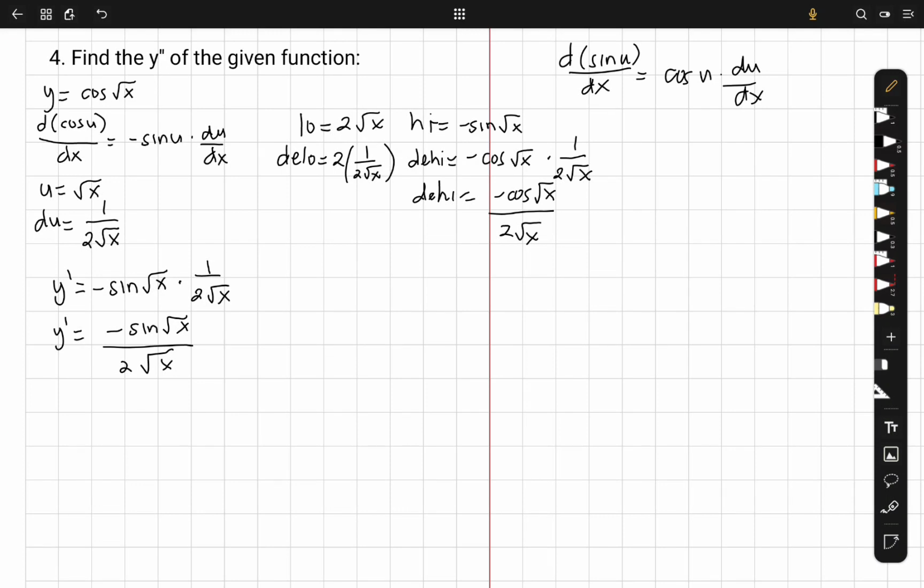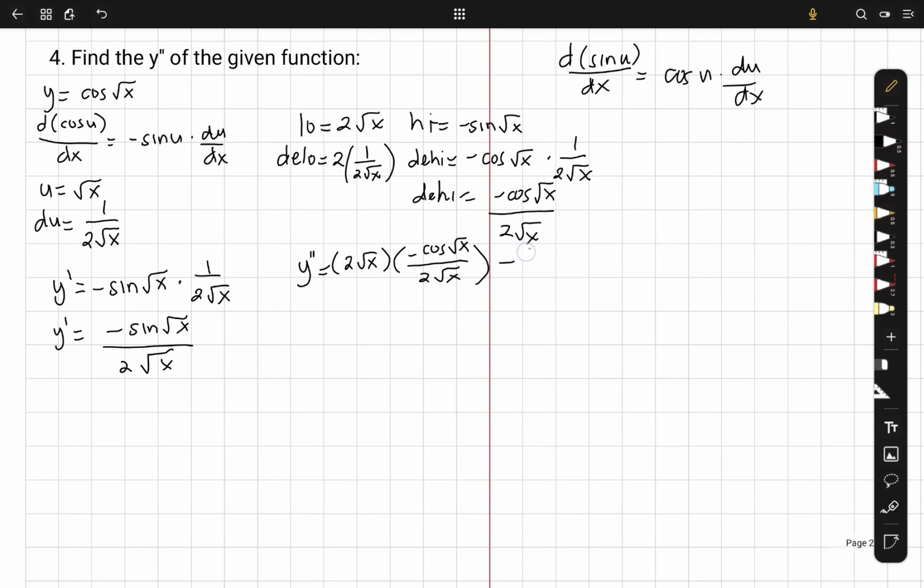Then we can now do our second derivative. So, y double prime is equal to low, that is 2 square root of x, multiplied by the derivative of the high, that is negative cosine square root of x all over 2 square root of x, minus high d-low.